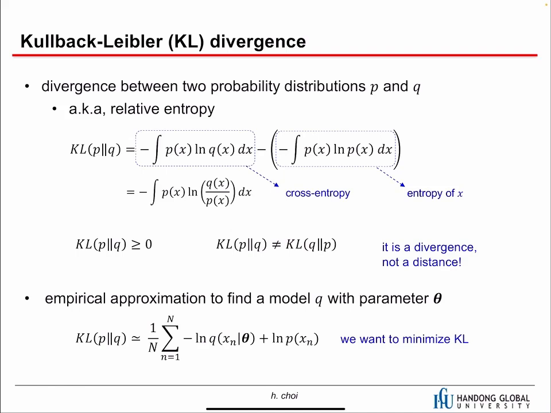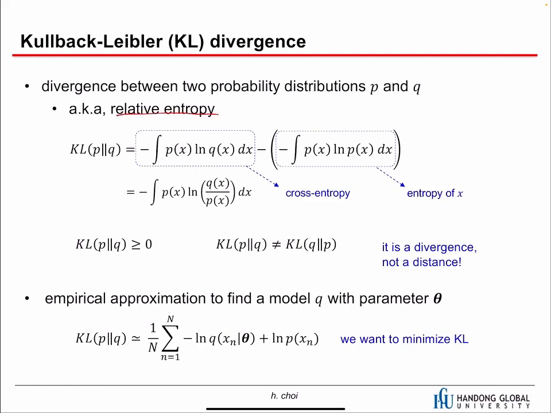This KL divergence is a divergence between two probability distributions P and Q. Given two distributions, we can check how different they are, how far P is located from Q. KL divergence is also known as relative entropy.